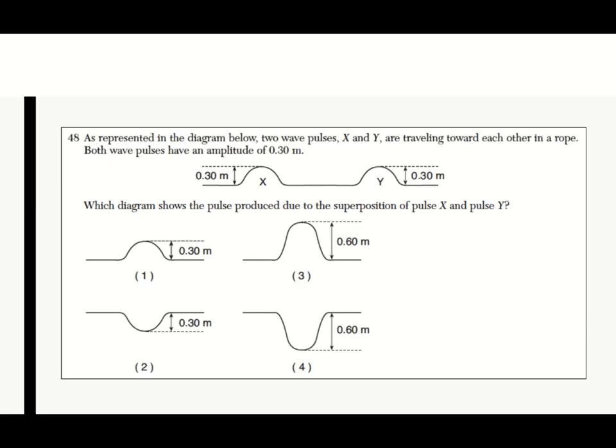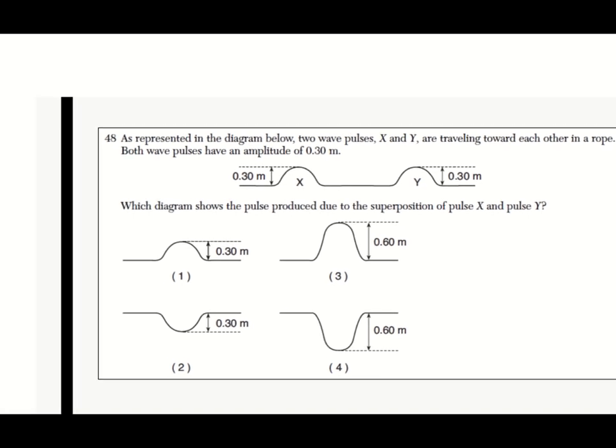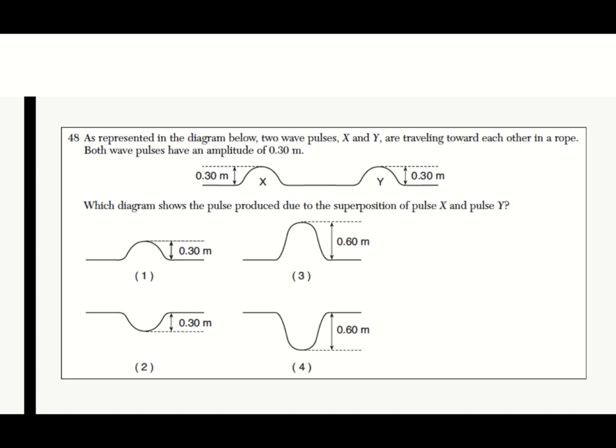Number 48. We have two wave pulses, x and y, traveling towards each other. They both have amplitudes of 0.3 meters that are directed upwards as crests. Which diagram shows the pulse produced due to the superposition? This is another name for interference. So what happens when these two waves superpose or interfere with each other?